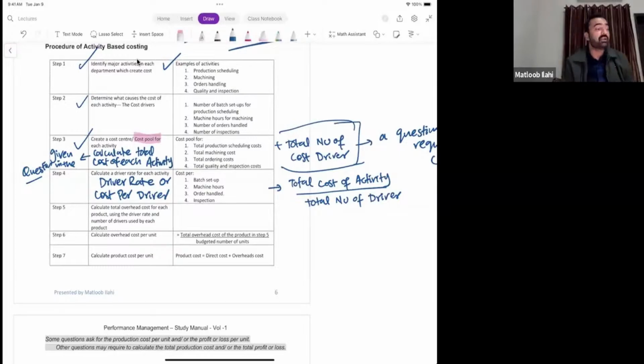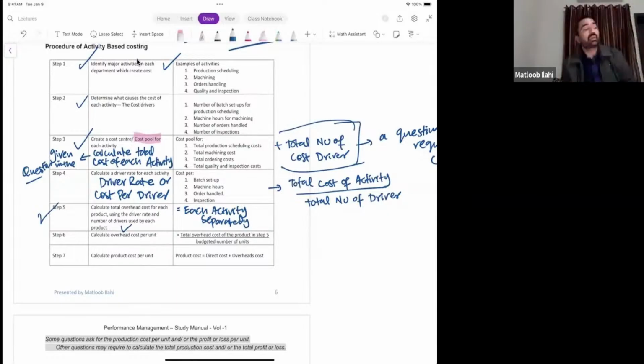Once the driver rate is done, now step number 5 is here: calculate total overhead cost for each product. So now you can calculate using the driver rate and the number of drivers used by each product. You have to calculate this for each activity separately, for the product.